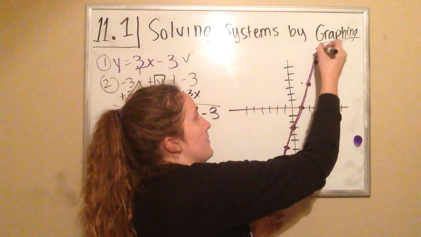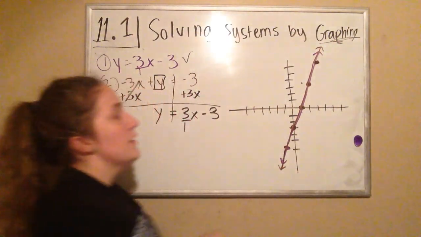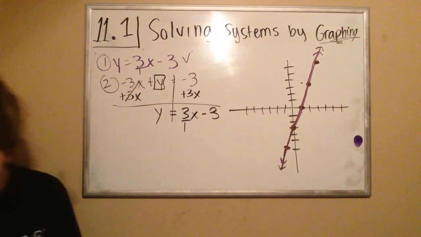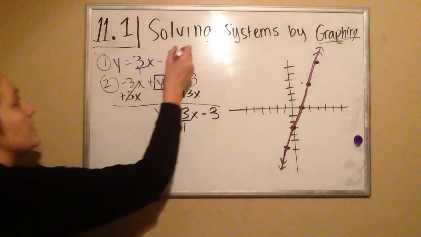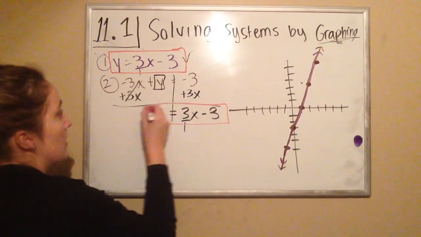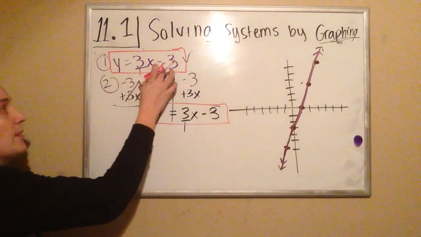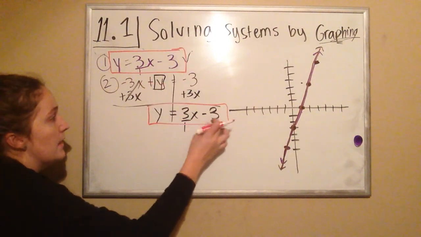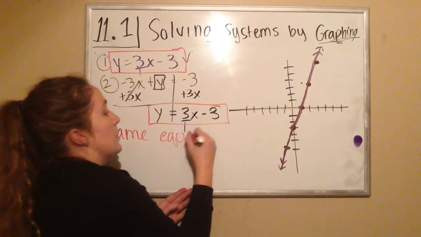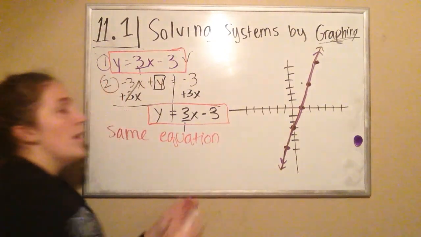This is weird. Looks like the equations lie right on top of each other. We did have an example like this previously, but I want to bring something to your attention. This equation and this equation, 3x minus 3. Same equation, same slope, same y-intercept.